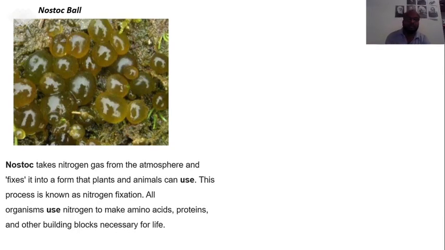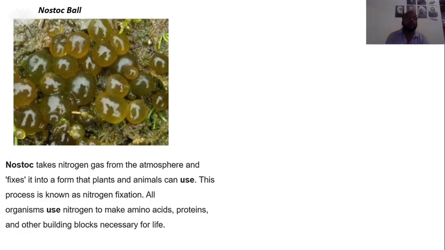The nostoc is an alga, a blue green alga. We know it is a freshwater alga, and it is generally used as a biofertilizer because it has the capacity to fix atmospheric nitrogen by the nif gene.